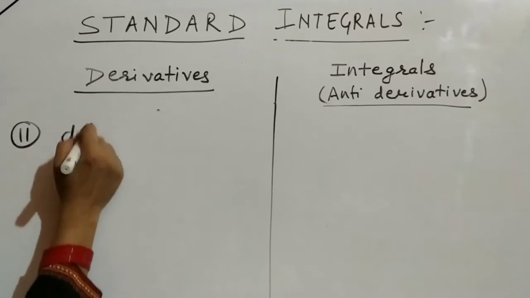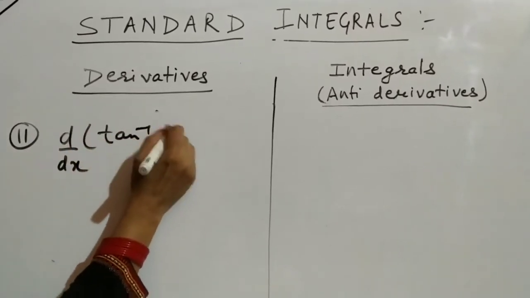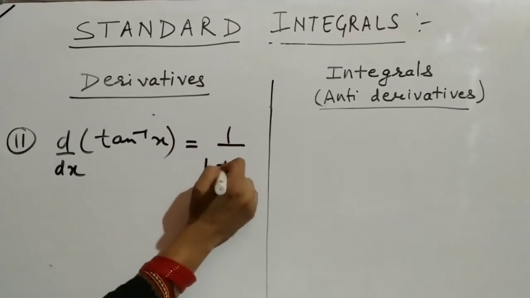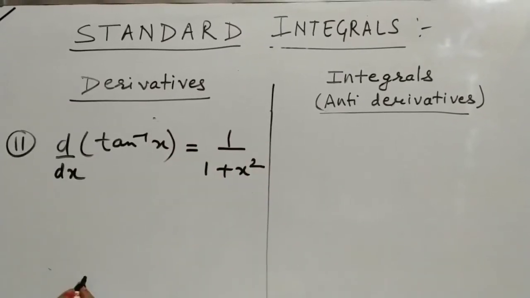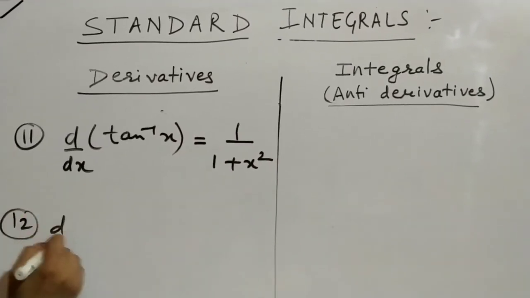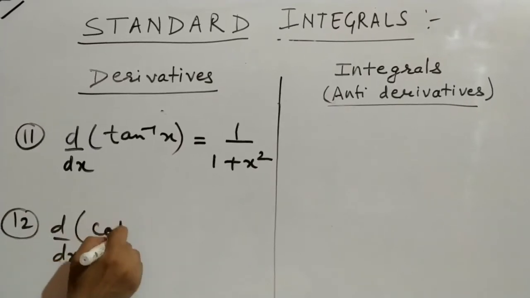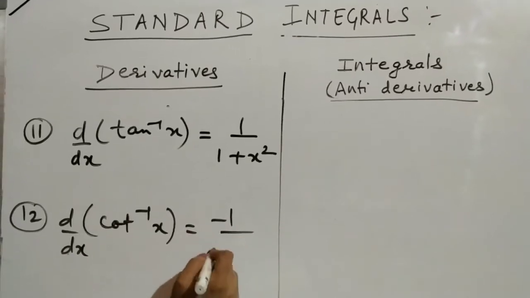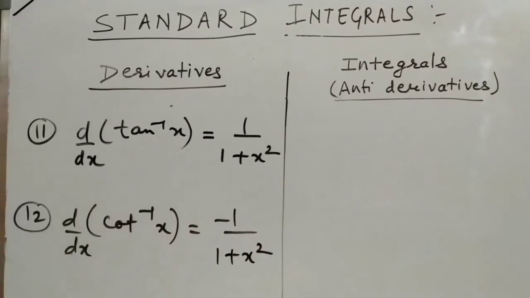Derivative of tan inverse x is equal to 1 upon 1 plus x square, and derivative of cot inverse x is equal to minus 1 upon 1 plus x square.